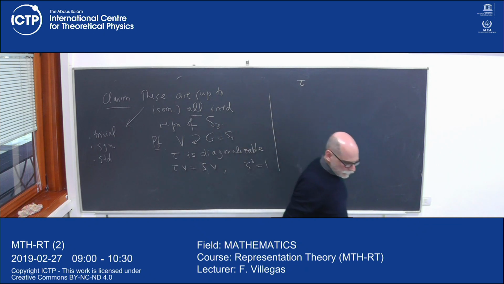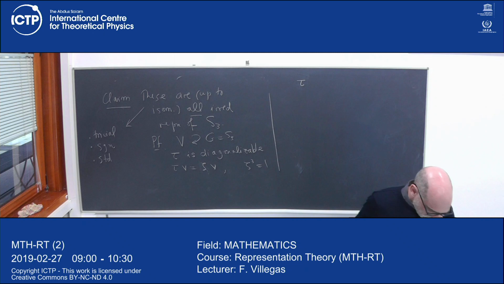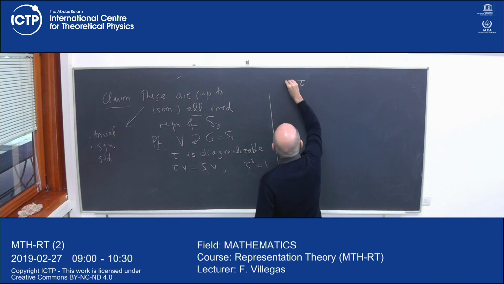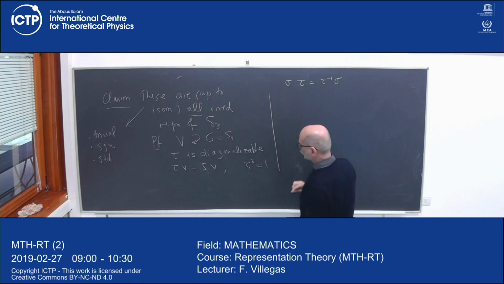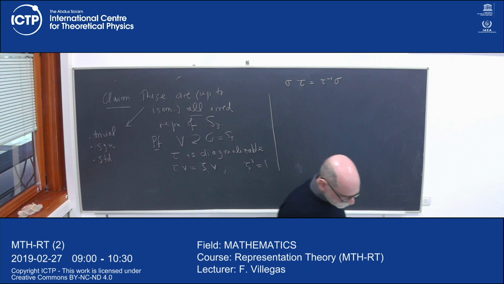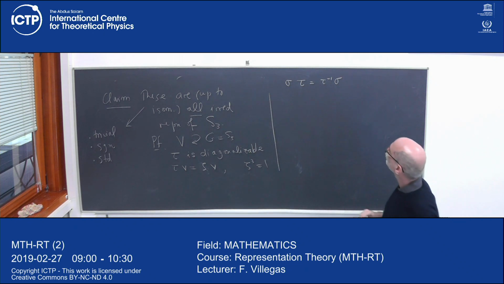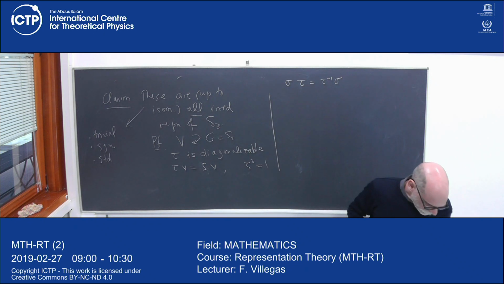Well, tau and sigma do not commute, but tau sigma is sigma tau inverse. The group is in fact isomorphic to the dihedral group. Let me write this correctly.